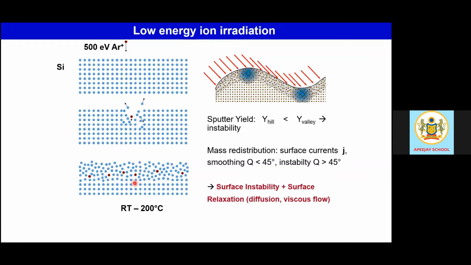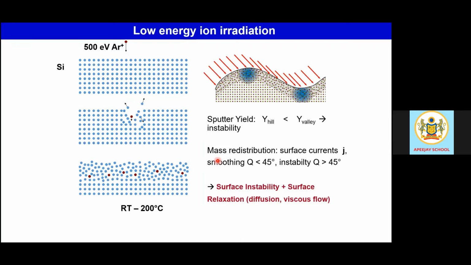Surface diffusion will try to level the situation as well. So mass redistribution, as per the Cutter-Vizhnyakov theory, will be present, and sputtering will also be present. Which one is winning the race will decide whether the surface will be unstable or not, that means whether a pattern will be seen or not, as I told earlier.